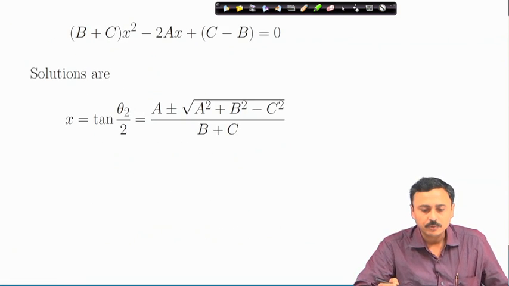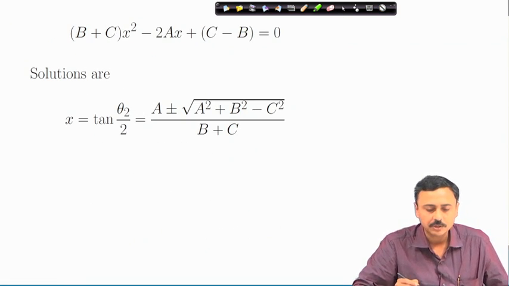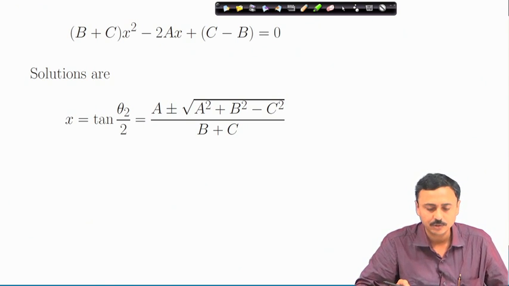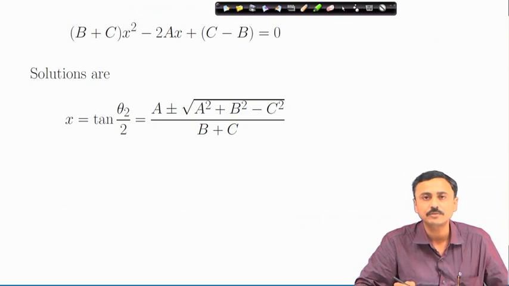We know the solution of a quadratic equation. So, there are two solutions like this, and x is essentially tan theta 2 by 2. So, we have two solutions of theta 2.